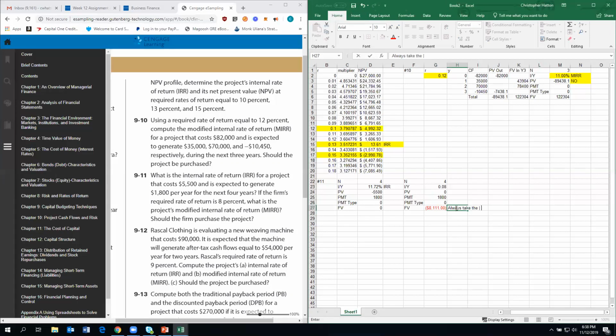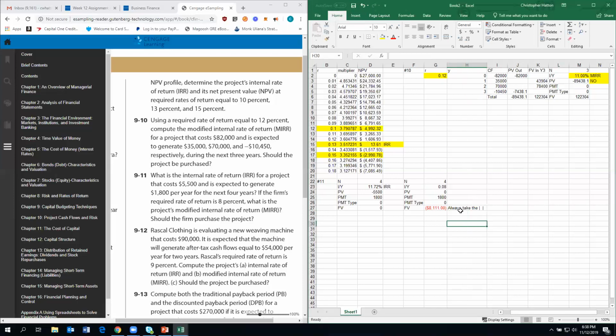So that's when I put something in between 2 vertical bars like that, you want to use the positive. And then I'll just put, so that's equal to negative this. All right, now we can solve for modified internal rate of return.